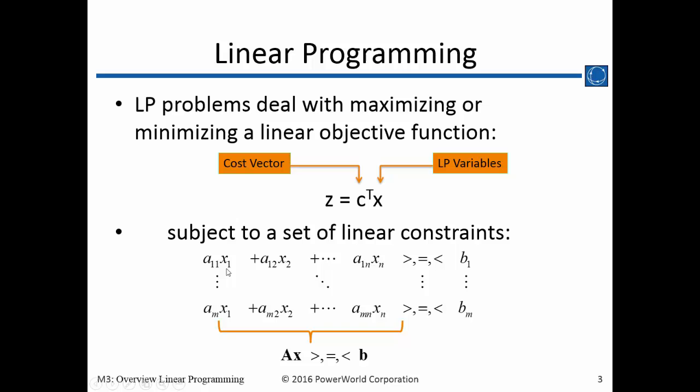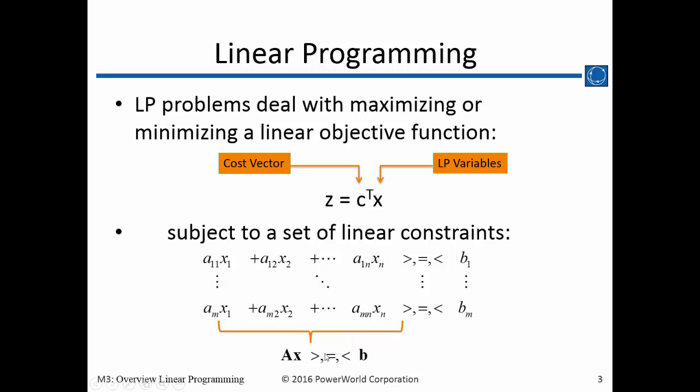For example, in the case of an area power balance constraint, the sum of all the generation in the area has to equal some constant, the load plus the losses if there are losses. If you have a transmission line constraint, it would be an inequality constraint, and you can have a sum of the A's would be sensitivities times the output of the generators, so shift factors times the generator output, and all of that would have to be less than or equal to a limit.